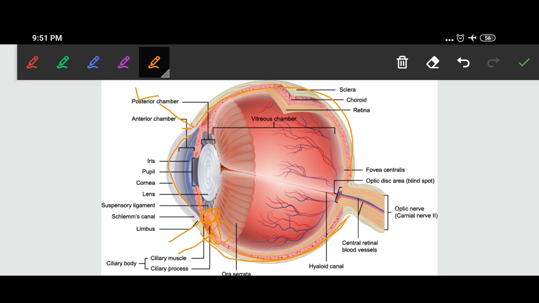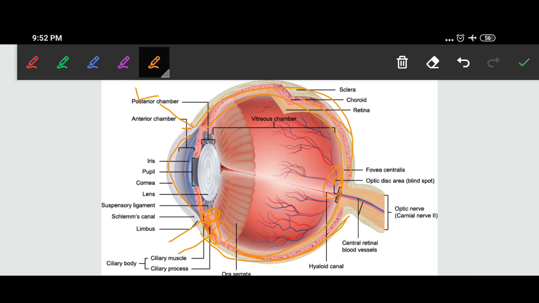Choroid is the most vascular part of the eye. About 85% of the blood supply of the whole eye is in the choroid. And after that we come to our inner layer, which is the retina, and its center part is the macula, and the center of the macula is the fovea.